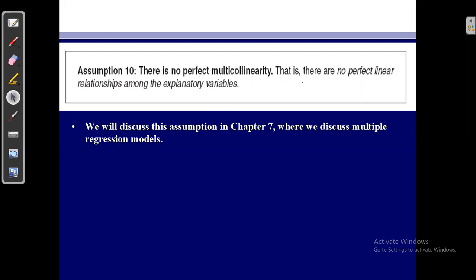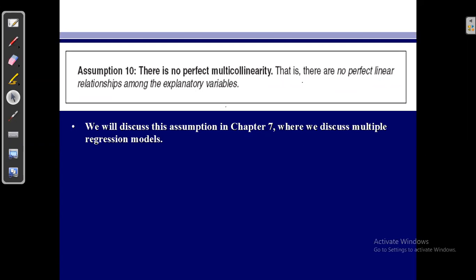Okay. Assumption number 10 is talking about the existence of correlation among different values of the explanatory variables.